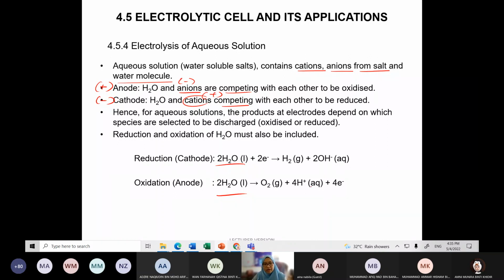Okay, kalau reduce, dia akan produce H2, like I said just now. Kalau oxidation, if it is selected at the anode to undergo oxidation, it will produce O2. So this is the equation. Accepts electrons, reduce. Elektron dekat belakang sebagai produk will be the oxidation equation.